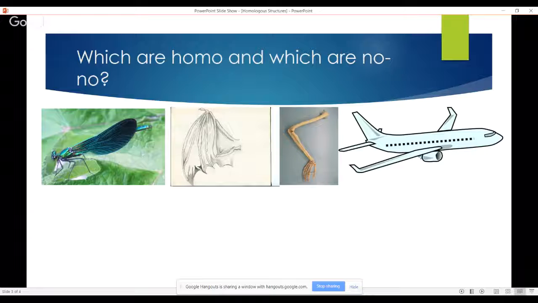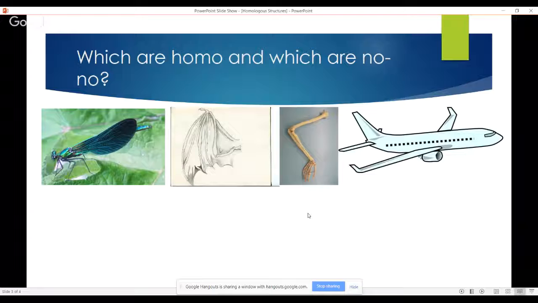Okay, so looking at the 4 of these, we seem to see a trend. The damselfly, the batwing, and the airplane, or jet, all have to do with flying, whereas this is the human arm. You can't fly with a human arm.